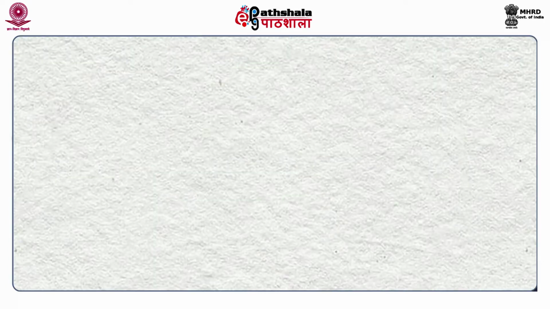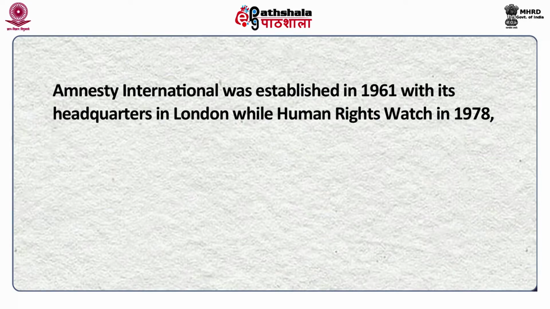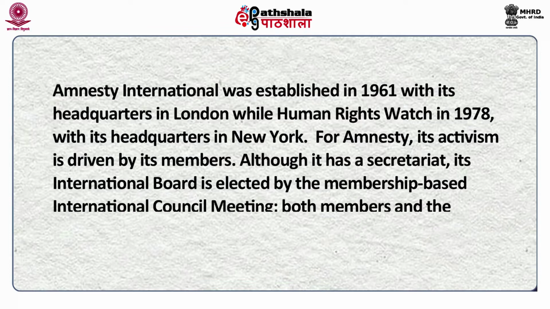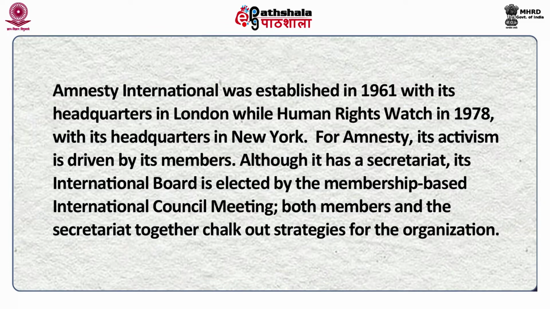However, there are essential differences in their work, primarily in their structure and the methods of promoting and protecting human rights across the world. Amnesty International was established in 1961 with its headquarters in London, while Human Rights Watch was established in 1978 with its headquarters in New York.